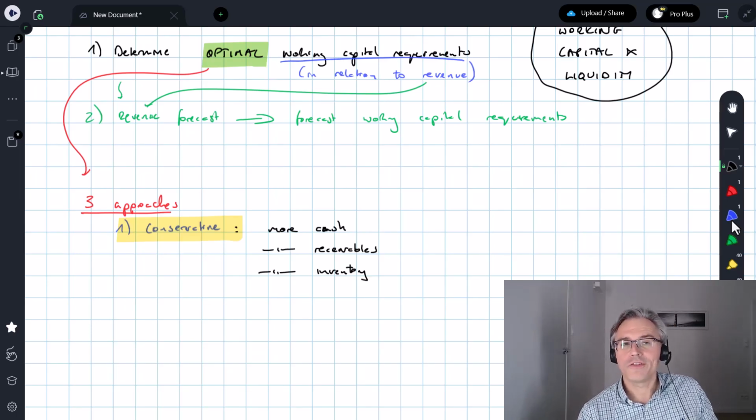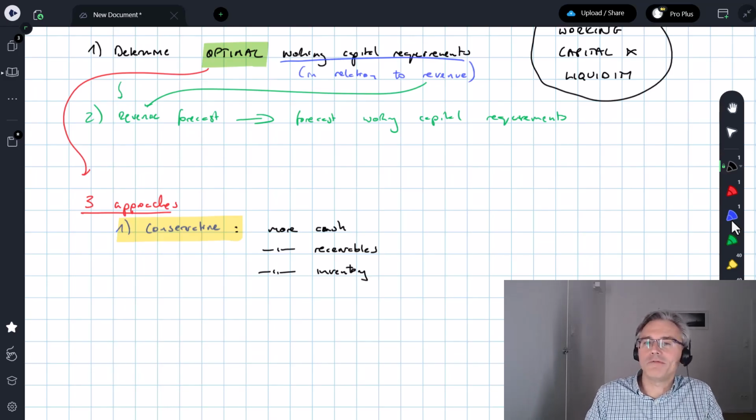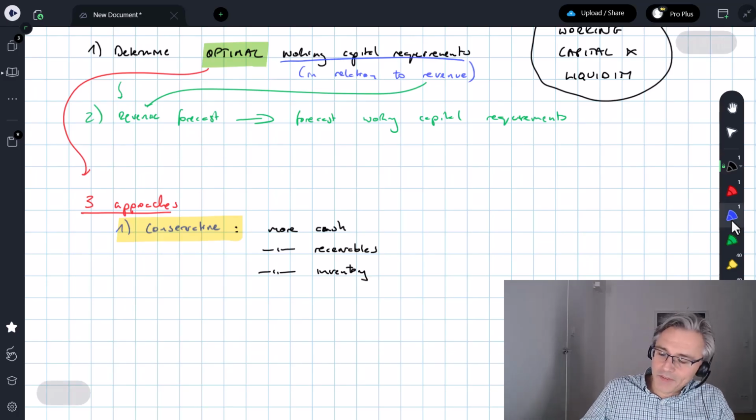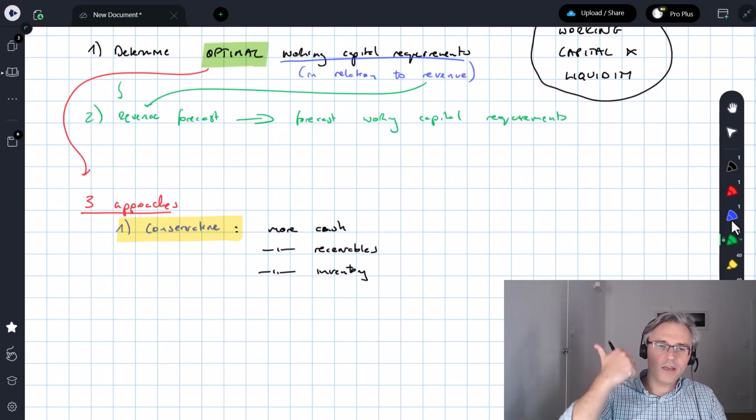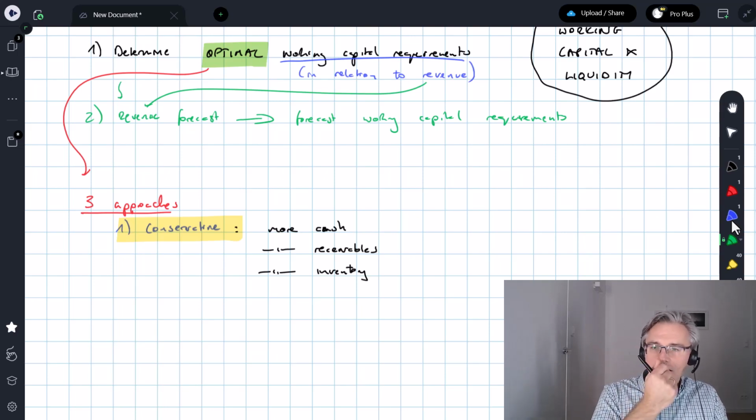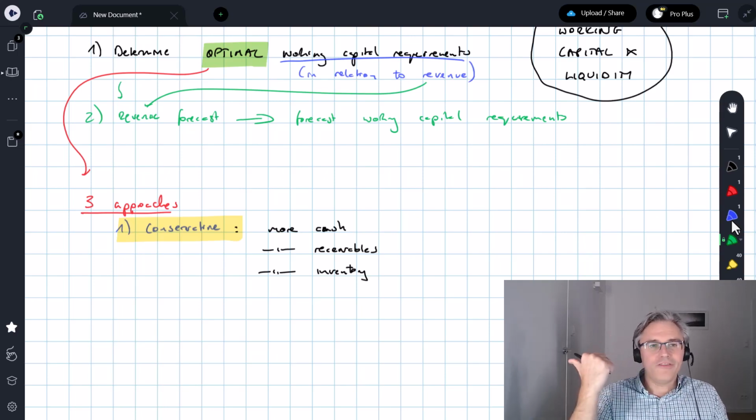Or you've got some shocks in demand, excessively high demand, unanticipated. Well, then you've got inventory to deal with that. And on the one hand, you've got higher assets in the form of more cash, more receivables, more inventory. And obviously that requires financing or funding on the other side of the balance sheet.